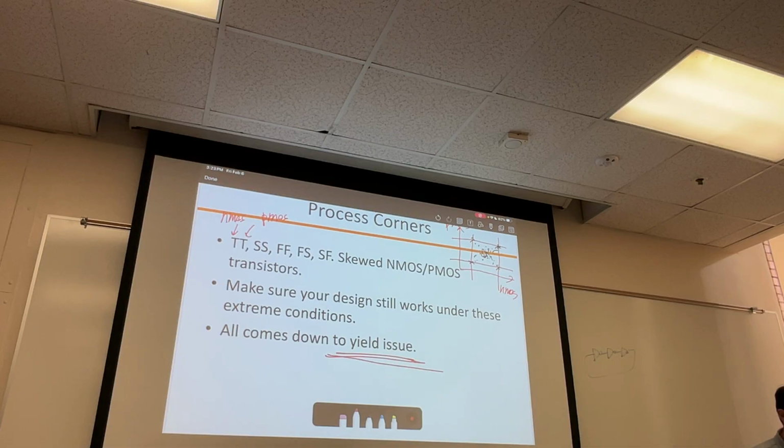It all comes down to ROI issues, and ROI is everything. Even if you think a 1% difference, who cares? But just think about how many iPhones there are in the world. Just 1% of that is a huge profit difference for the company, right? Okay, so that's the process corners.